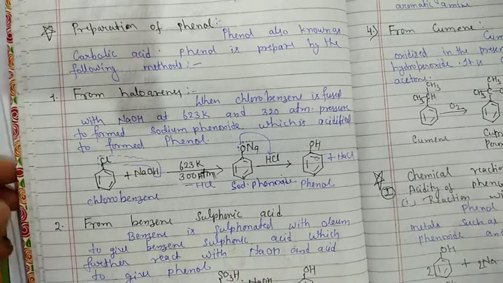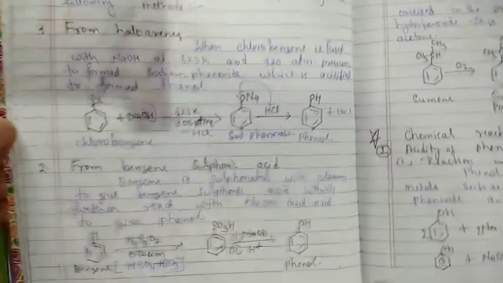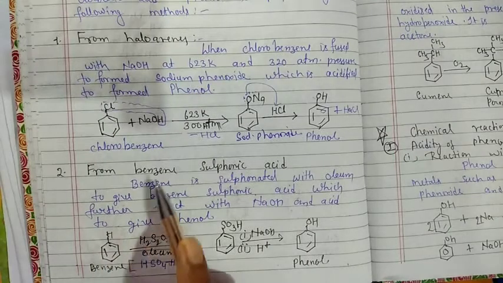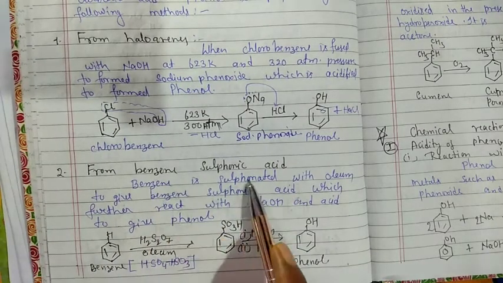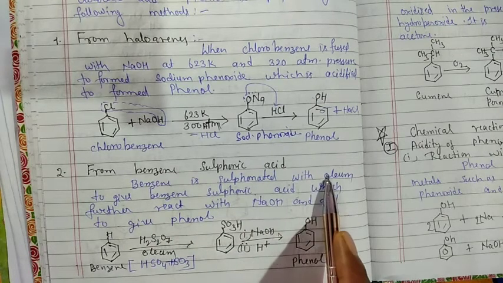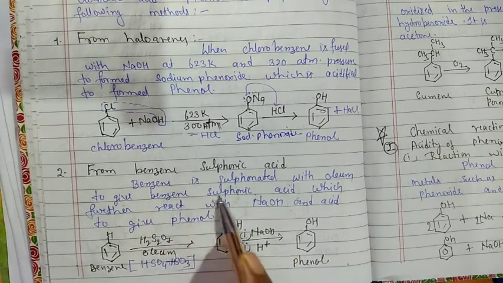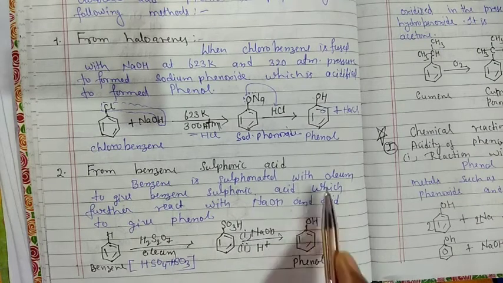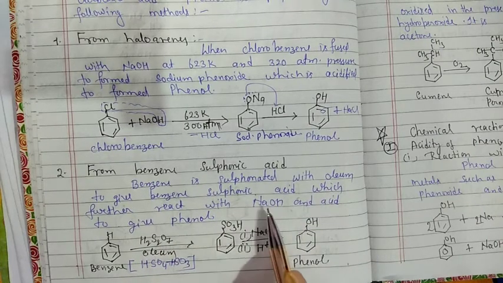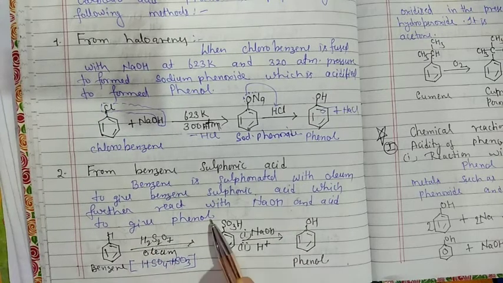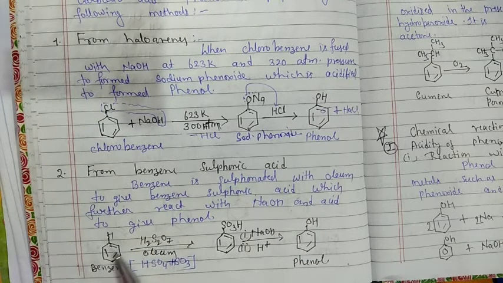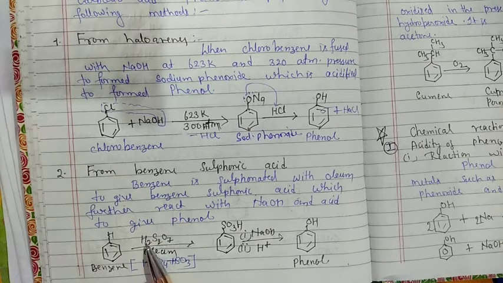And let us now discuss the second method, from benzene sulfonic acid. Benzene is sulfonated with oleum to give benzene sulfonic acid first, which further reacts with sodium hydroxide and acid to give phenol. Okay, this is benzene and the chemical formula of oleum is H2S2O7.